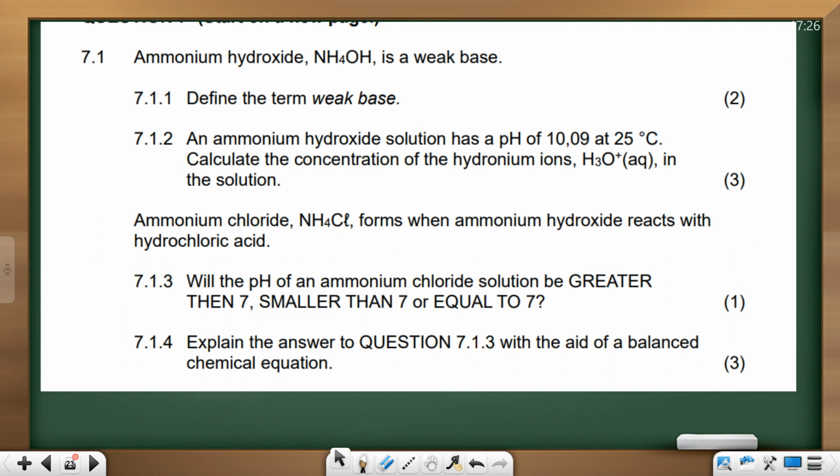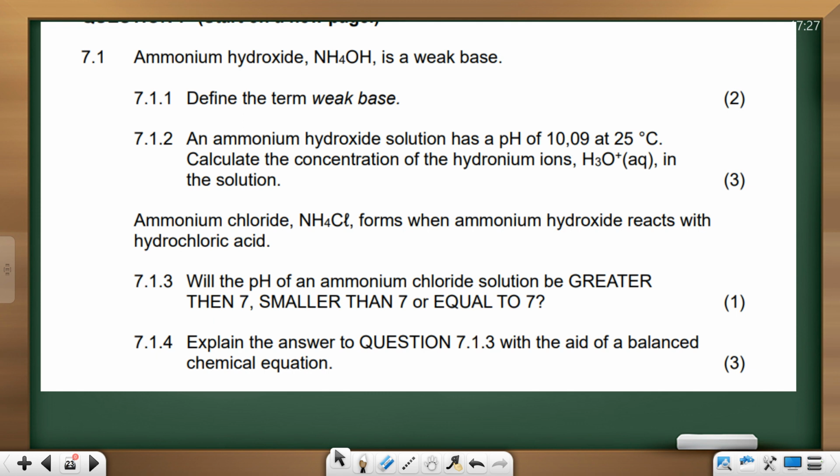Ammonium hydroxide is a weak base. What is a weak base? A base that partially dissociates. You are already wrong if you say dissociates to form. Dissociate in water. If you don't put water, 0. Water is powerful. You think you just drink it?